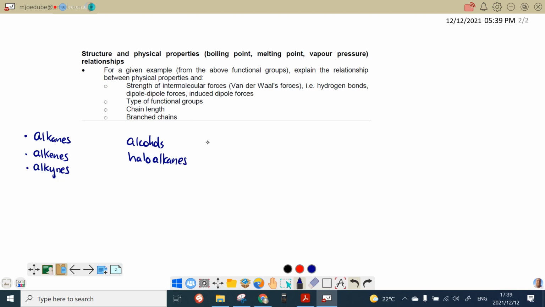You then have your aldehydes, your ketones, and you have your carboxylic acids, and you also have your esters.